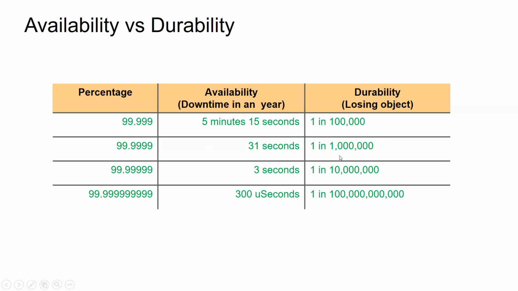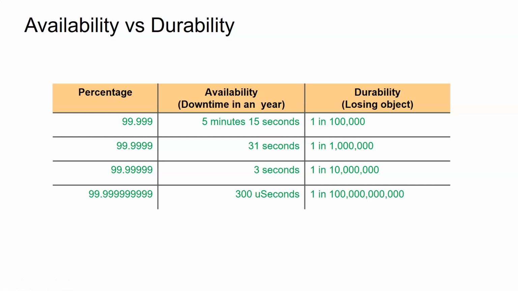Durability is what the chances are of losing some object or some file. So depending on this number, you can see 1 in maybe 100,000. When you say durability is 5 nines, this is 6 nines, this is 7 nines, and this is 11 nines. S3 provides you this kind of durability. I can't read this number, but that's the robustness it provides when somebody says it's 11 nines of durability.